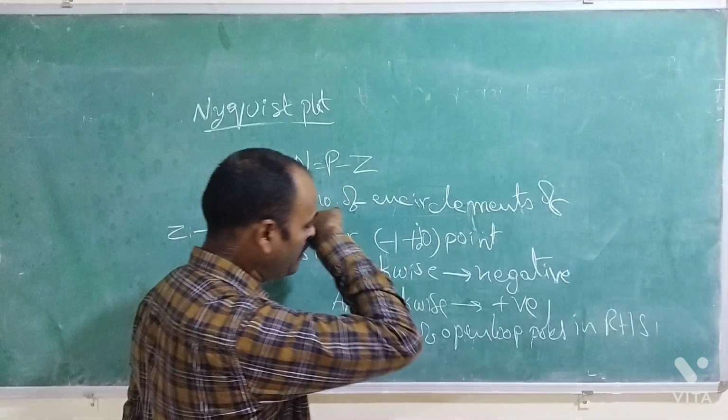For this, first let us draw the polar plot. So write the magnitude equation and phase equation. What is the magnitude equation for this? Square root of omega square plus 4 by square root of omega square plus 1 into square root of omega square plus 9.